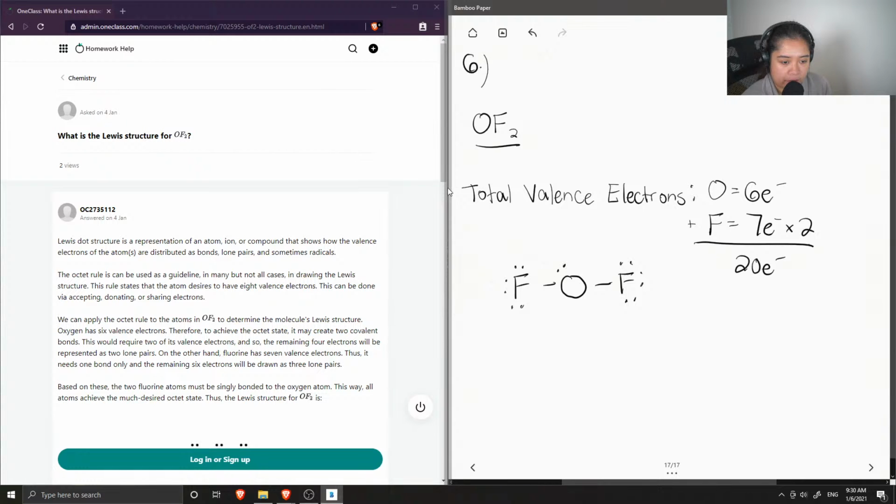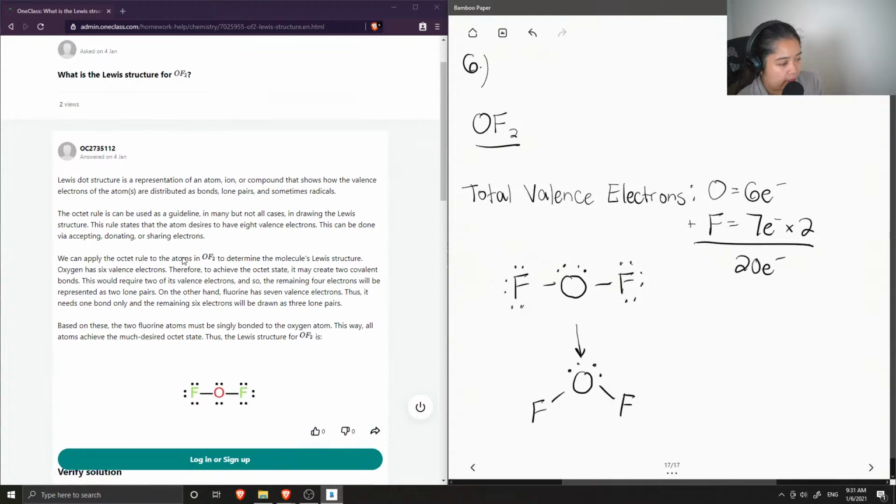So we need 4 more, so I'm just going to draw them in the form of lone pairs on the oxygen atom. So we can draw this showing how the molecule is bent. And this is the Lewis structure for oxygen difluoride.